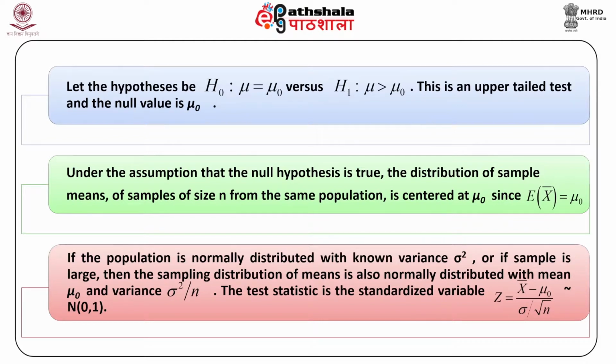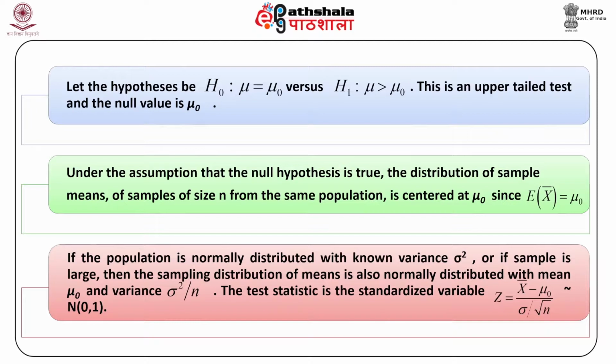For illustration, we will consider the test for a single population mean. Let the hypothesis be H0: mu equal to mu 0 versus alternative hypothesis H1: mu is greater than mu 0. This is an upper tail test and the null value is mu 0.